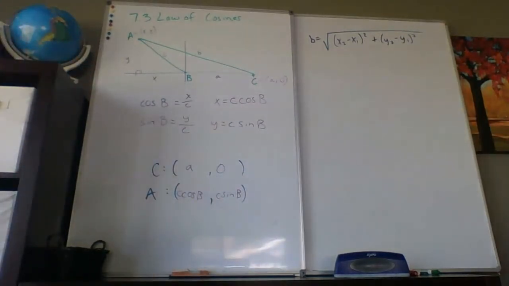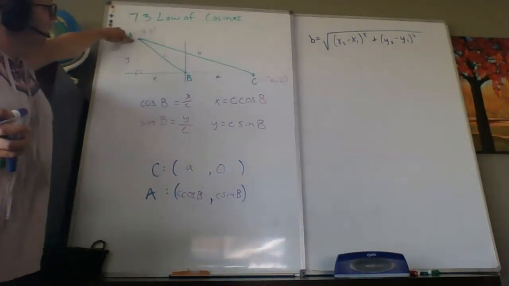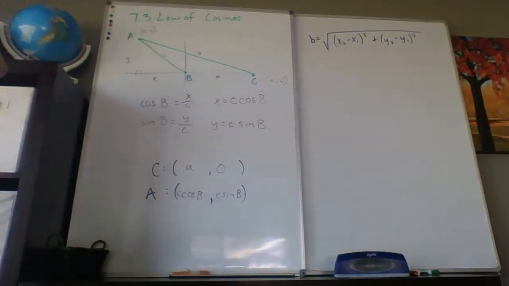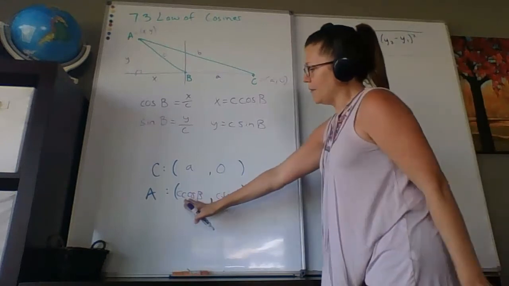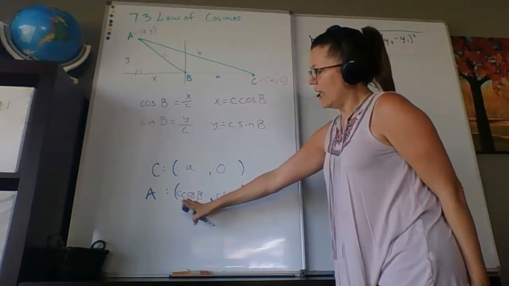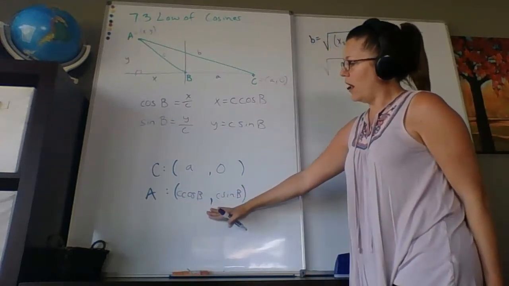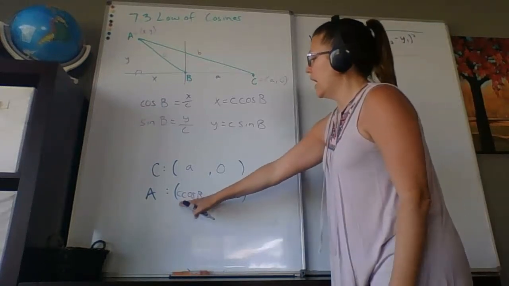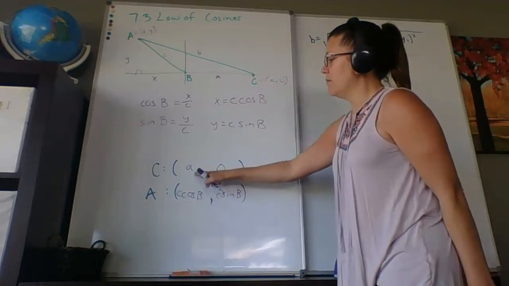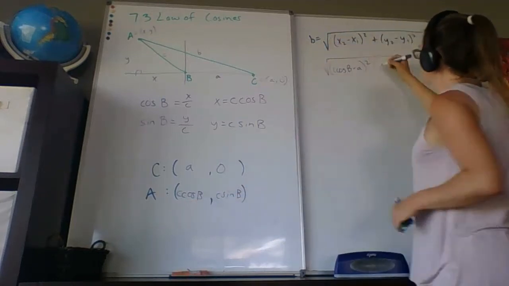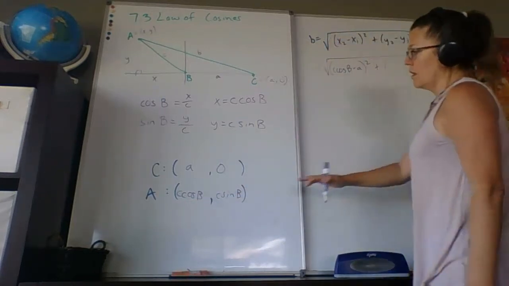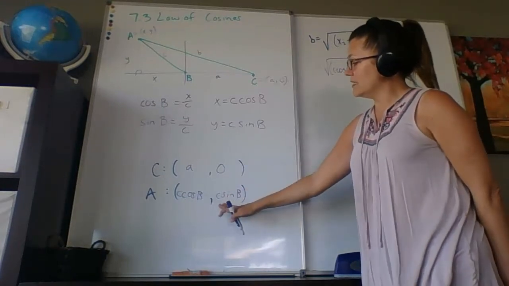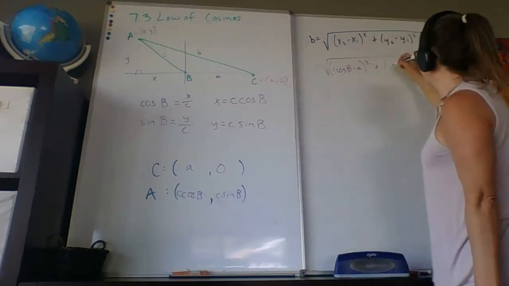Now, in order to find an expression for the distance of side B, we could use the distance formula. I'm going to use A as my x2, y2, and C as my x1, y1. So we get C cosine of B minus A, all of that squared, and for the y minus y, we get C sine of B minus 0.